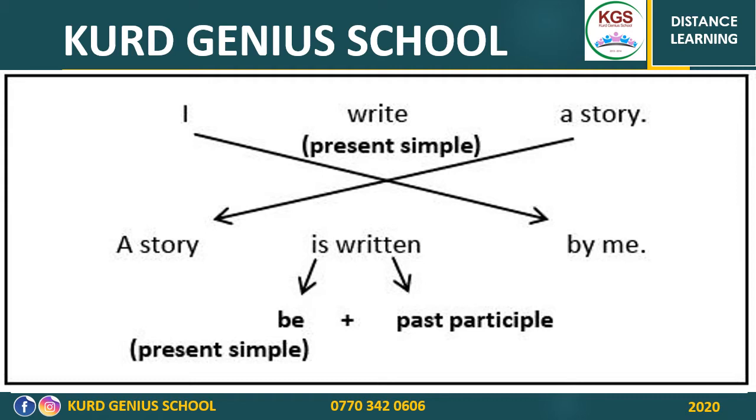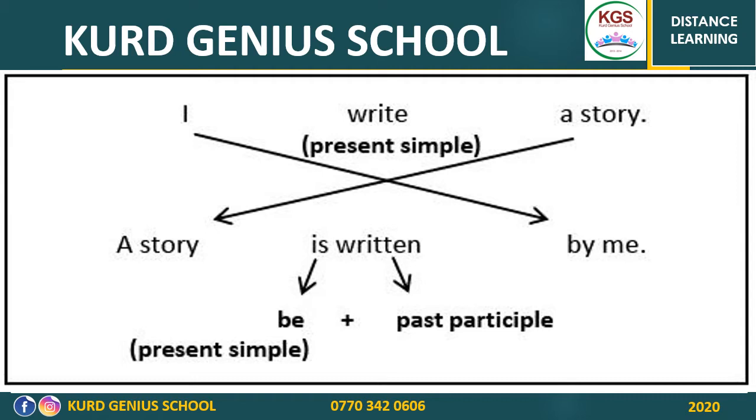So a story is the object. We put it at the beginning. It's singular, so we used is. And I write a story, the tense of the sentence is present simple. So we used is, and we used the past participle of write, that's written. So a story is written.